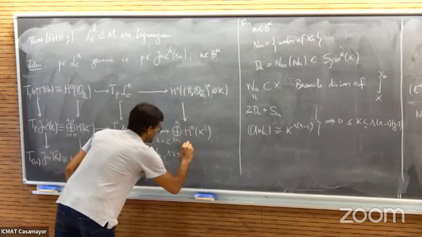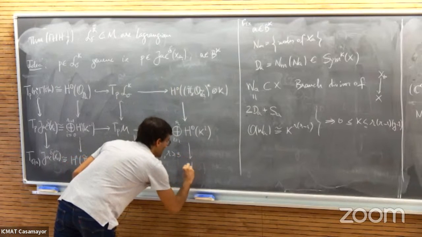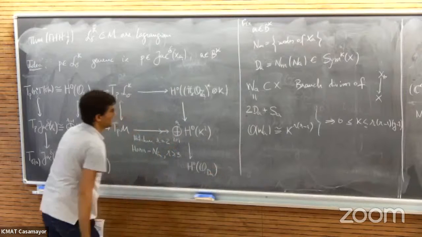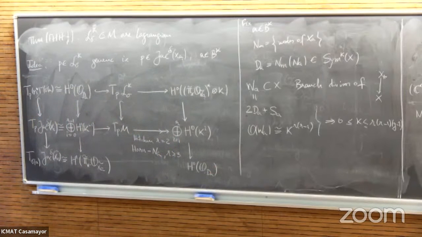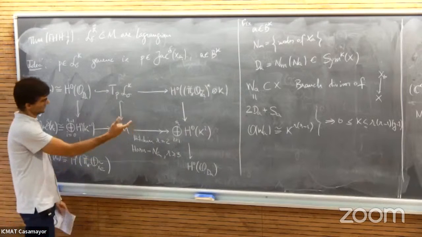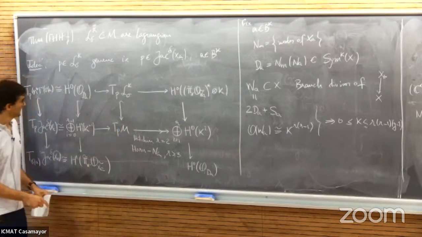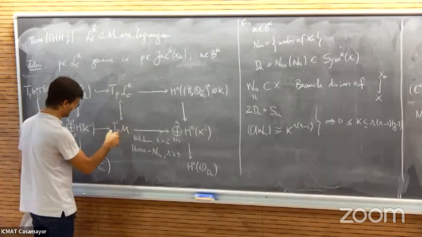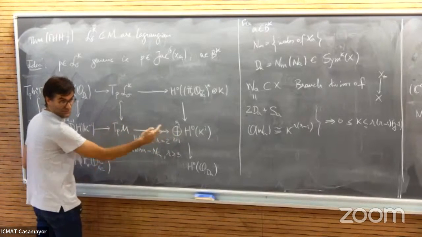And then this actually turns out to be, there's a long exact sequence, and it's here. So the Hitchin base is Lagrangian, and the symplectic form here pairs these two.